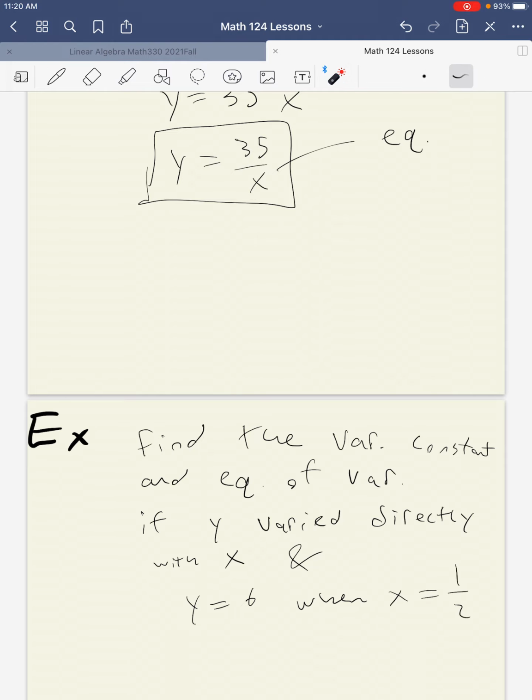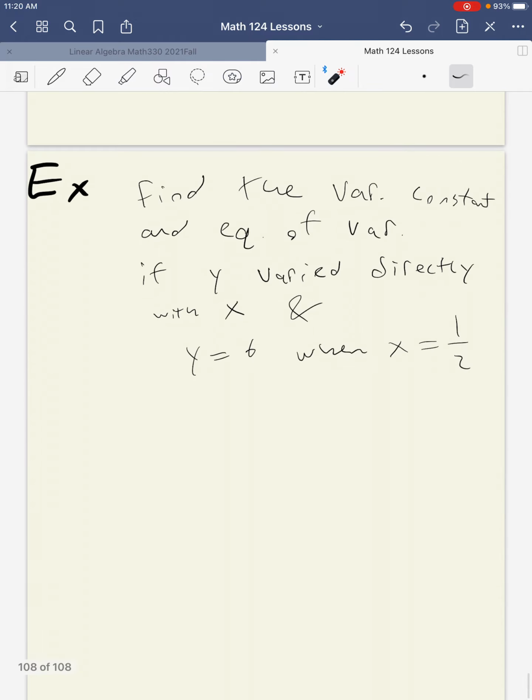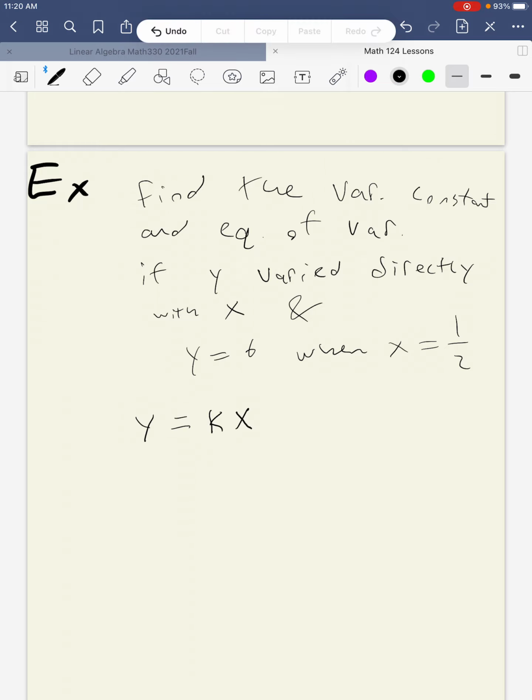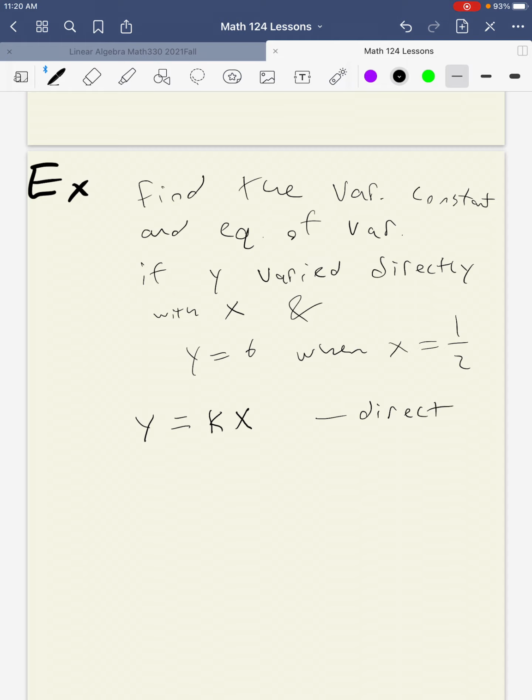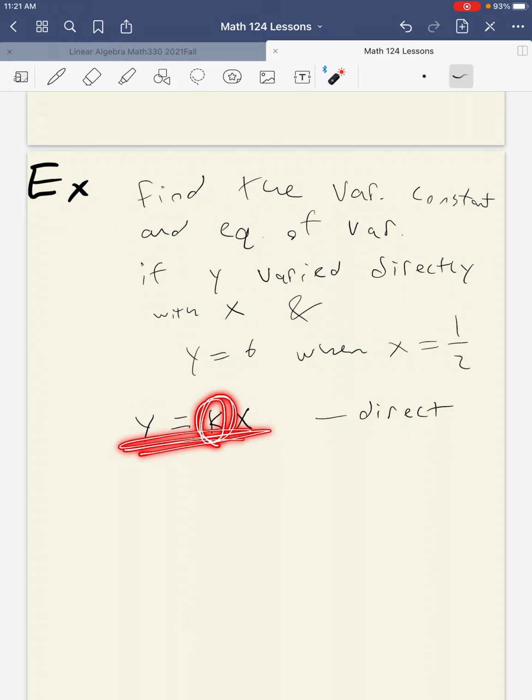Okay, so last time we did an inverse variation. Now it's direct. So what does direct mean? Well, direct just means it's going to be y equals some constant times x. Now this is a direct variation, right? y and x now vary directly with each other with just a constant.